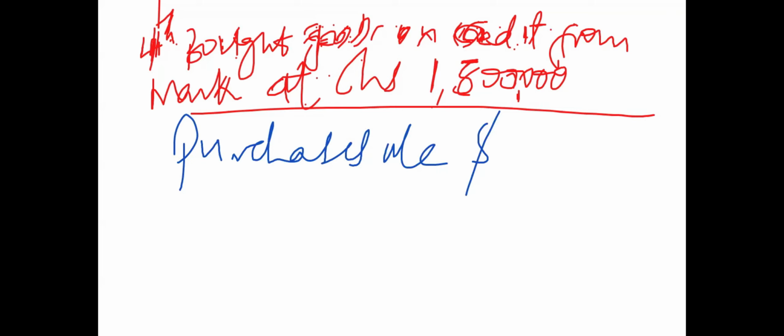But if it was a cash transaction, we wouldn't have opened Mark's account if they had paid him by cash. We said you can't open a personal account if the person you sold to paid cash, or you bought goods and paid cash. We don't open personal accounts, but we open cash accounts, and then we represent the purchases.